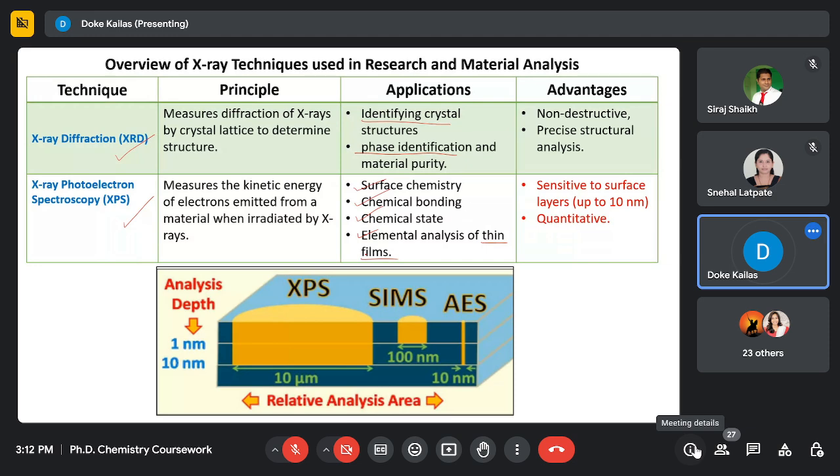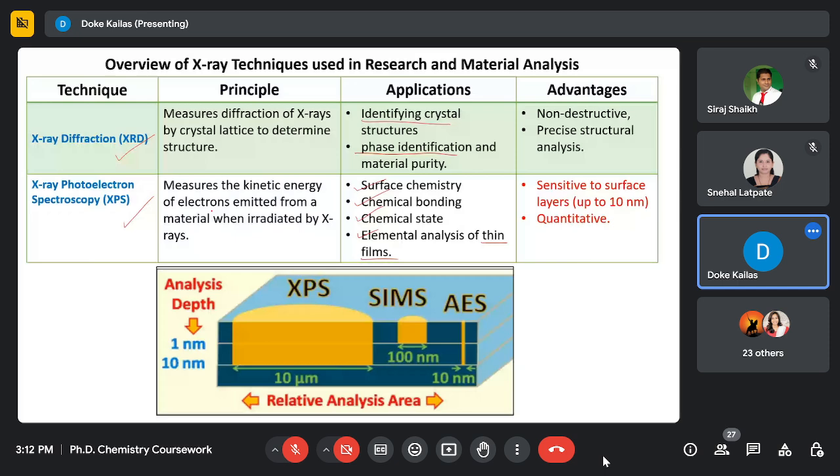Those are the applications we are going to discuss today after understanding the principle of X-ray photoelectron spectroscopy. So, what is X-ray photoelectron spectroscopy? It is concerned with the measurement of kinetic energy of photoelectrons, which are emitted preferably from the core cell of atoms of any material by the irradiation of X-ray.